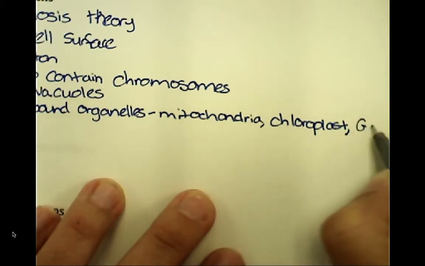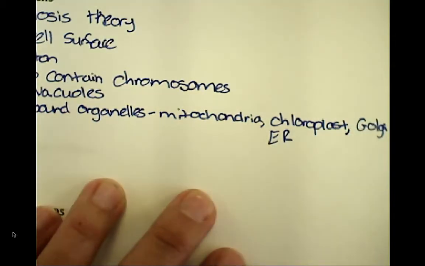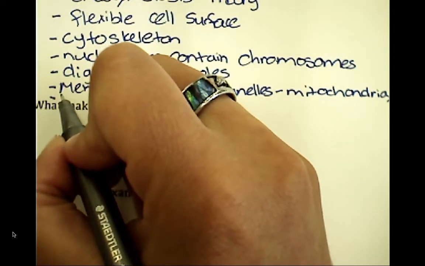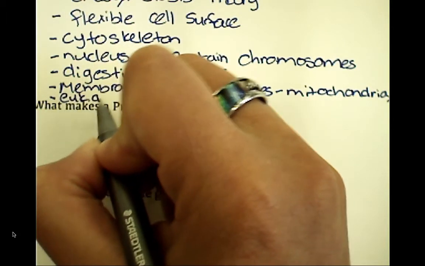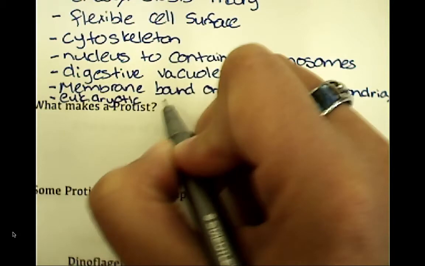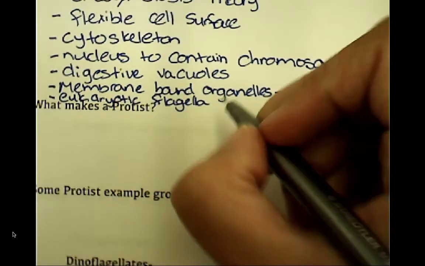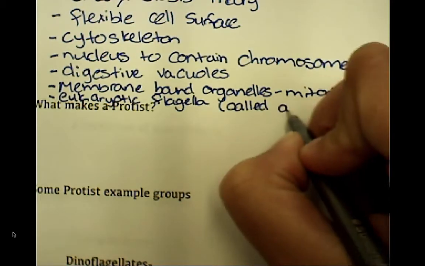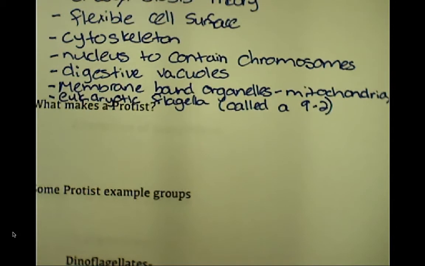They have a Golgi. They have an ER, or endoplasmic reticulum. All those kinds of things. And the last thing, sorry for the space issues, is a special eukaryotic flagella. Not all cells have this, but if they do, it's called a 9+2 formation. We'll learn about it when we do cell structure. Just know it's a special, better working flagella.